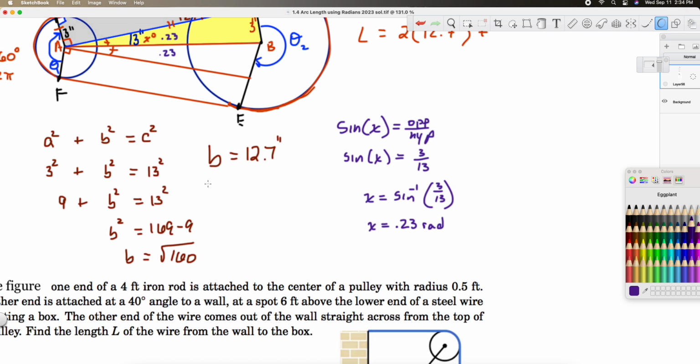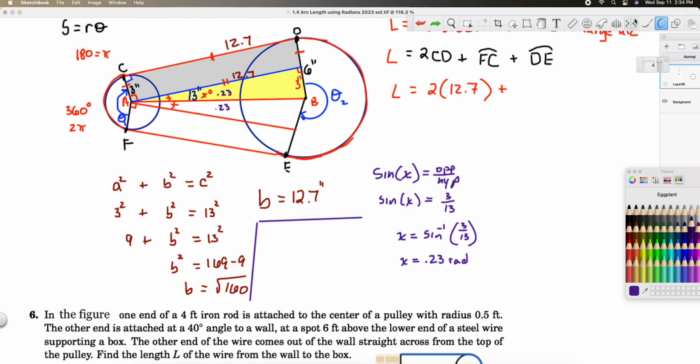So now what's theta 1 going to be? I know that theta 1 plus pi, because these two 90 degrees make 180, and 180 is pi, plus 0.23 plus 0.23, these two little angles, all have to add up to 2 pi.